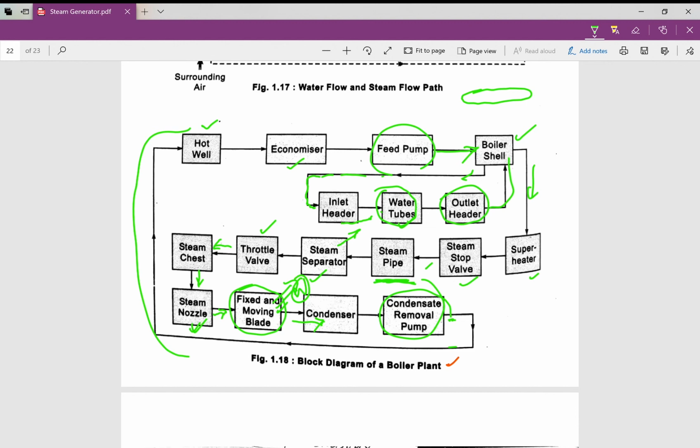The upper part is filled up with steam, and the lower part is filled up with water.